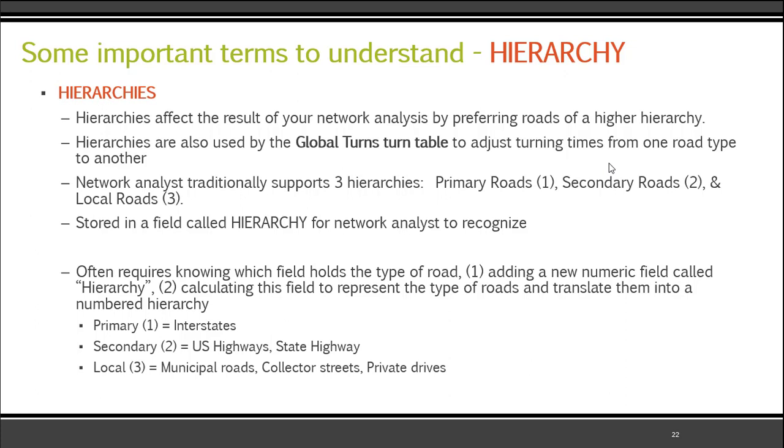You typically have to add a hierarchy field and then select all of your primary roads and give them a hierarchy value of 1, select all your secondary and give them a hierarchy value of 2, and select all of your local roads and give them a hierarchy of 3. So it's that iterative select and then calculate value process when managing your GIS data.